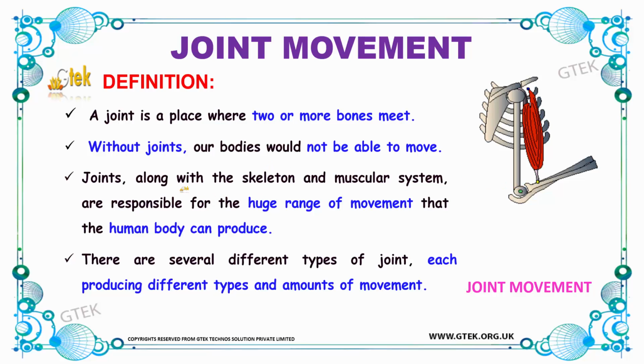The joints, along with the skeleton and your muscular system, will be responsible for the movement, forward or backward, that a human body can produce. There are several types of joints, and each of the joints will produce different types of movements and different amounts of movements.